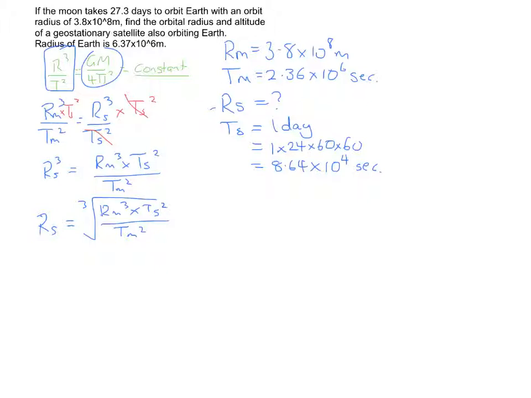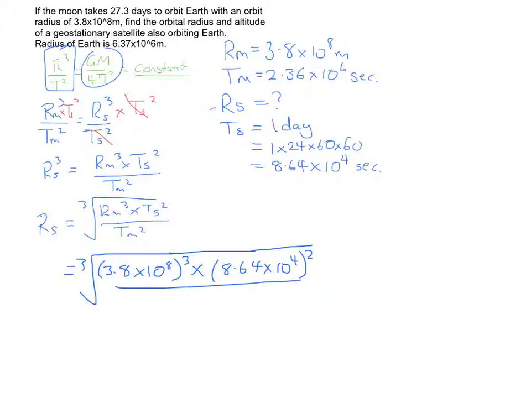Now we can substitute some values into that. So that will be equal to the cube root. Lots of brackets come in handy here. So the radius of the moon's orbit cubed, 3.8 by 10 to the 8 cubed, multiplied by the period of the satellite's orbit squared, so that's 8.64 by 10 to the 4 squared.